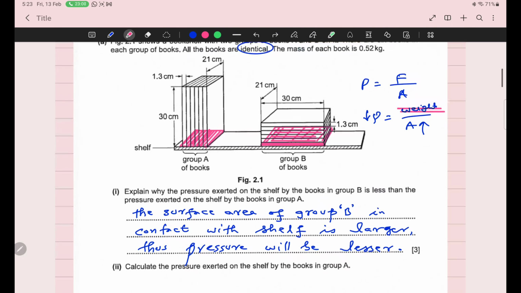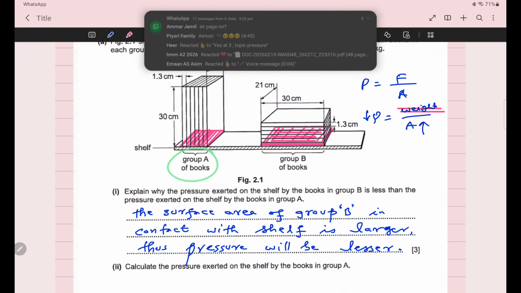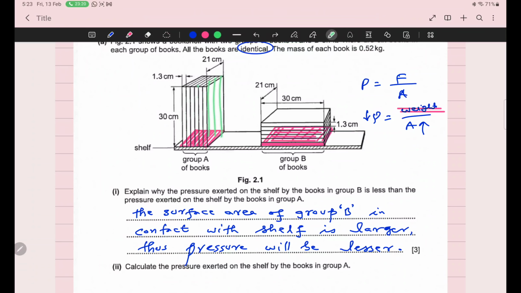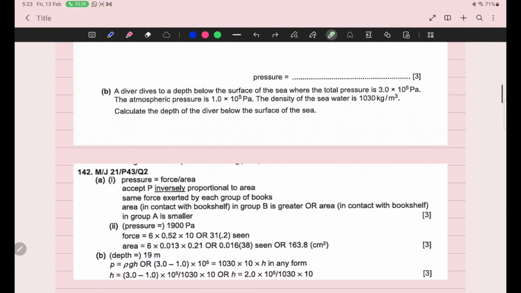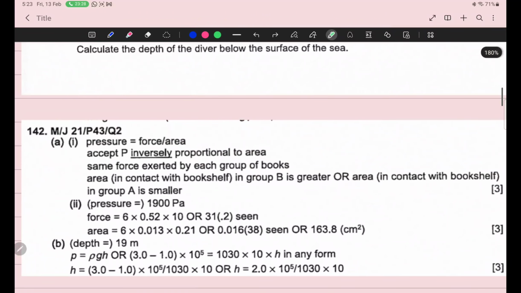When we have two groups of books, in this group A, sir, books are placed vertically. Pressure is inversely proportional to area.